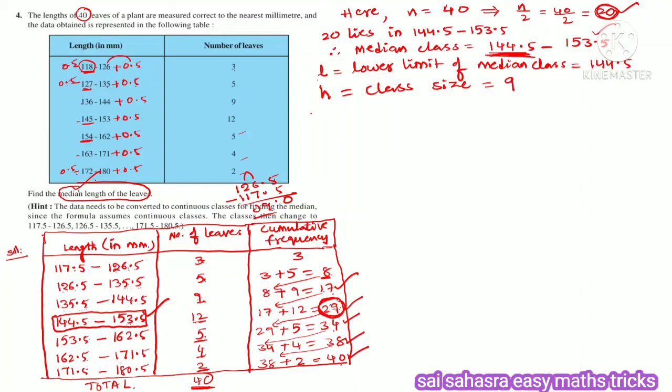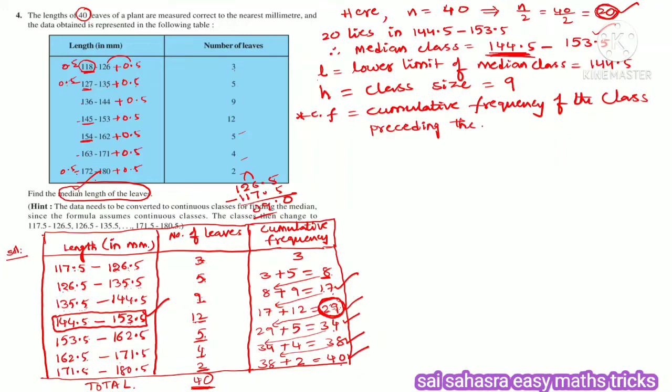After this we need to write CF, which is very important. In identifying CF only, students will get confused. CF means cumulative frequency of the class preceding the median class.